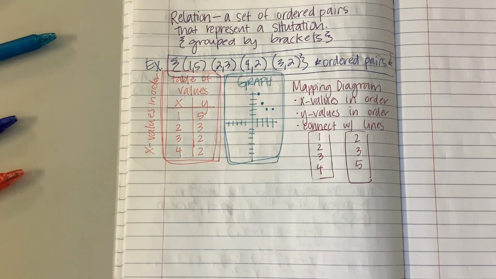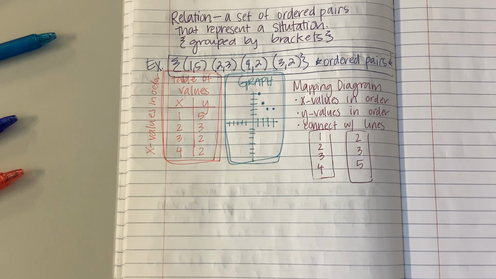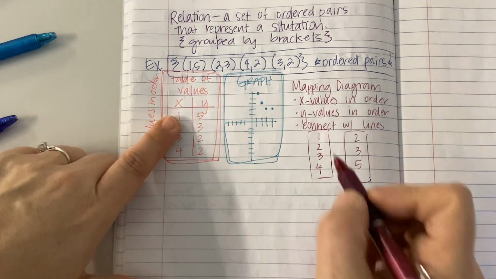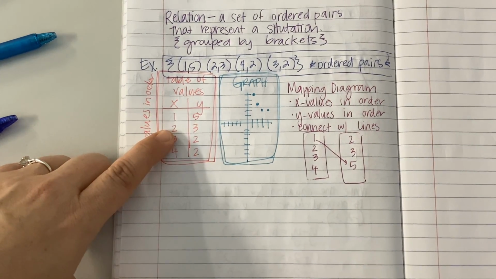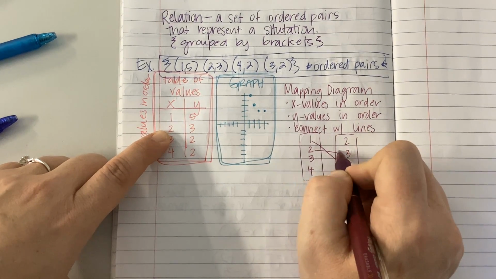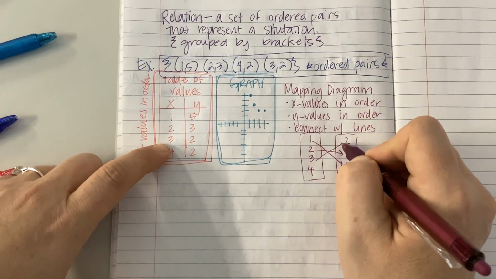Don't repeat numbers in the same column. Now I would say 1 goes with 5. 2 goes with 3. 3 goes to 2.